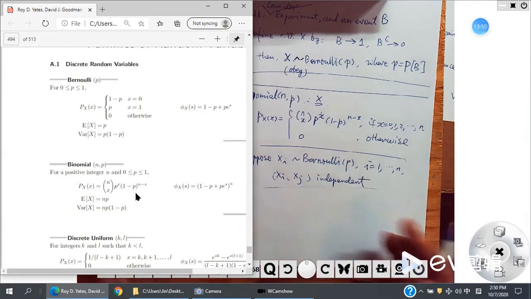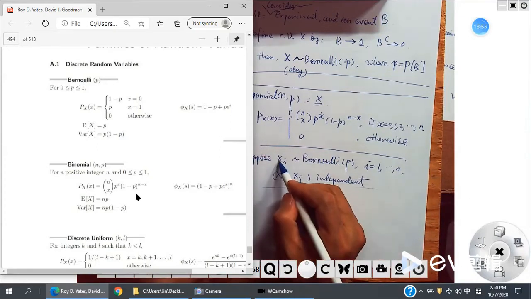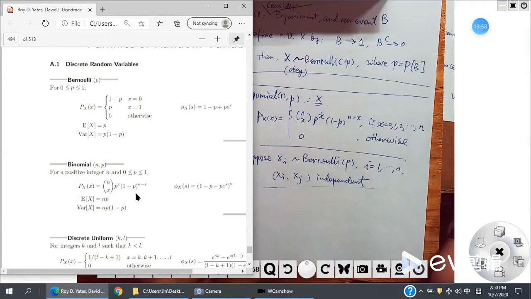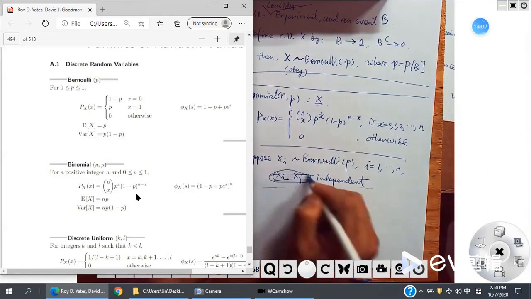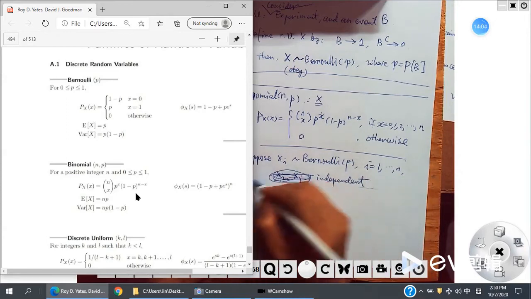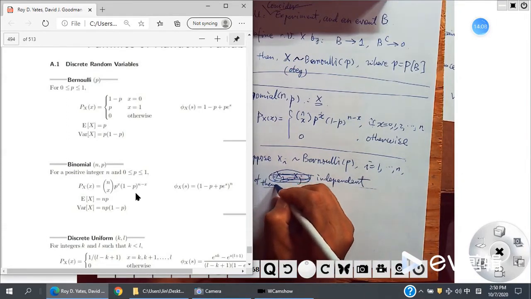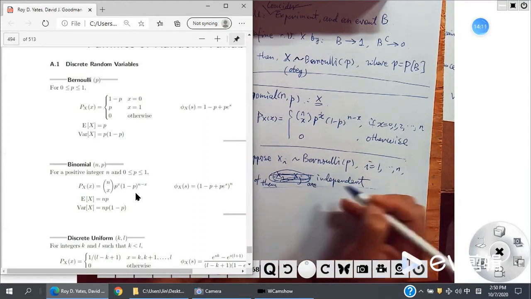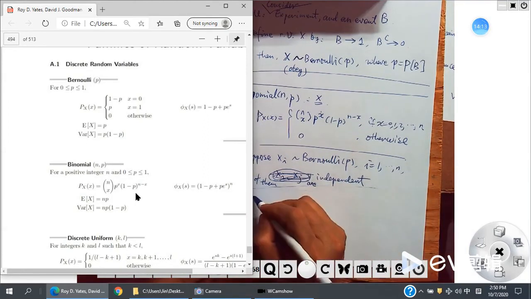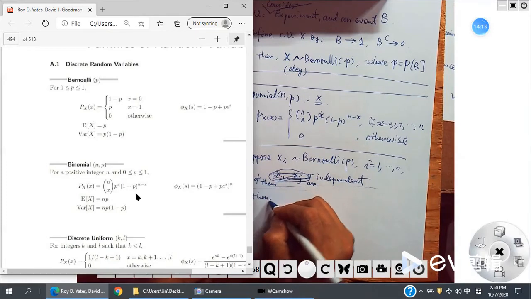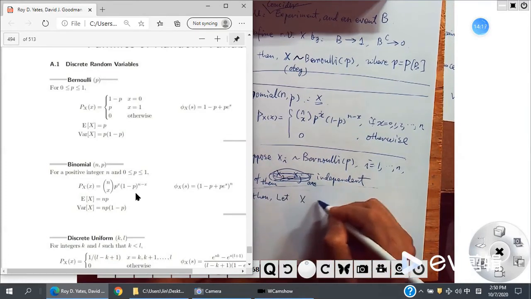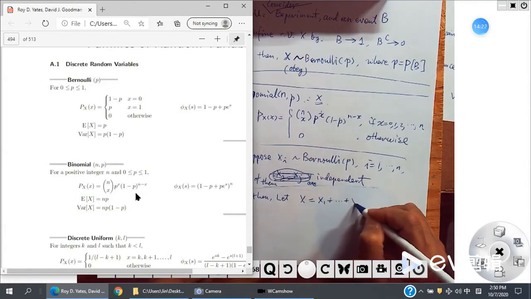They are independent of each other. They do not have a relation. Any one getting any value will not influence the others. Not just two, but all of them are independent. Then let X equal X1 plus X2 until Xn.